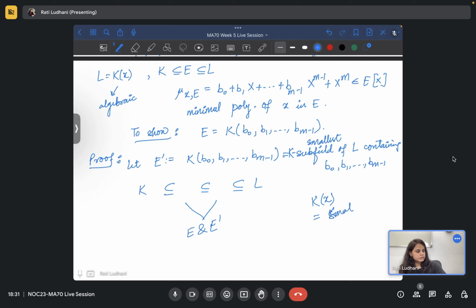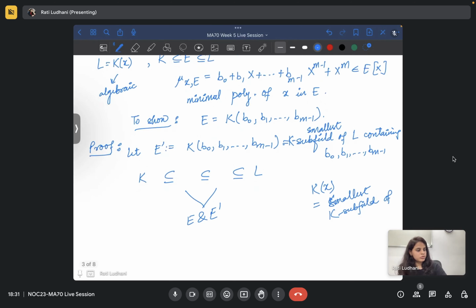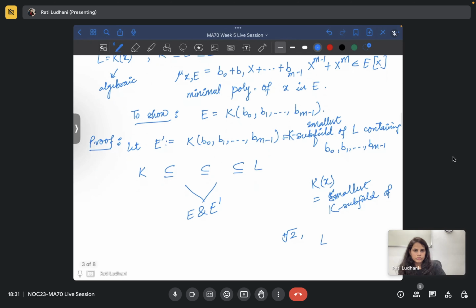K(x) denotes the smallest K subfield. But okay, let me take the example of the fourth root of 2. If I take K, then L will be basically everything that contains up to the fourth root of 2. I'm taking the field extension with respect to rational numbers.